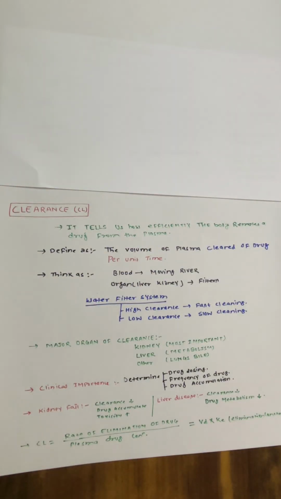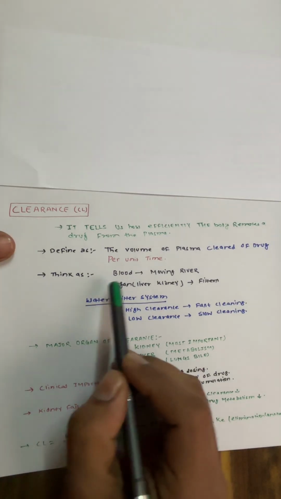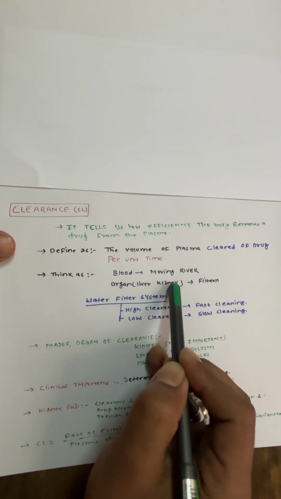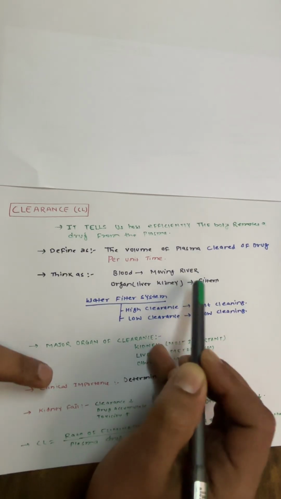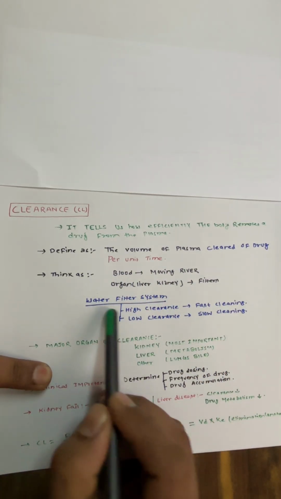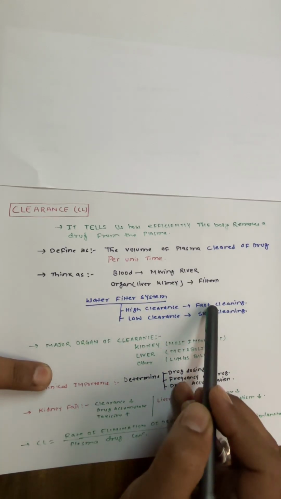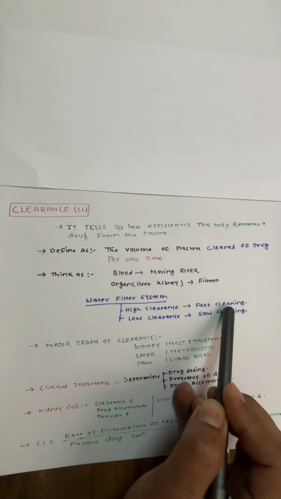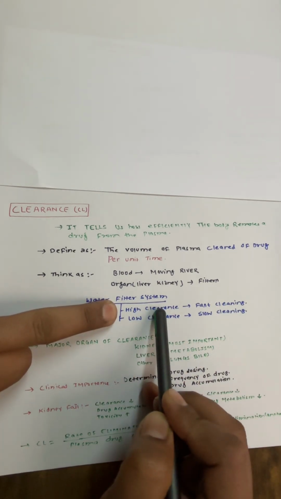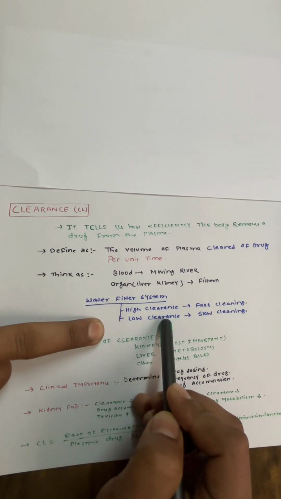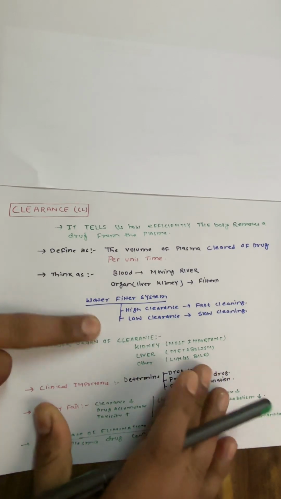Just think of the blood as a moving river, and the organs like liver and kidney, which help in clearance, as a filter. So our body is a water filter system. If the volume of plasma is getting cleaned fast, then we'll say the drug has a high clearance. If the cleaning is slow, then the clearance rate is low.